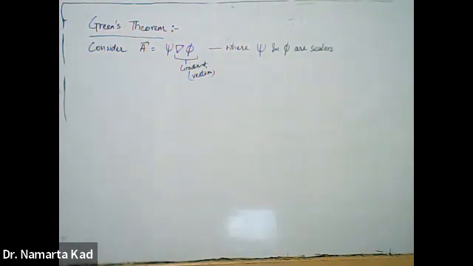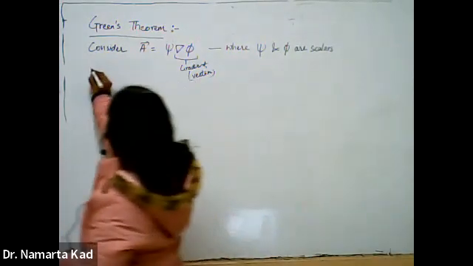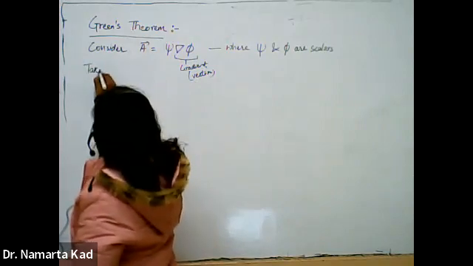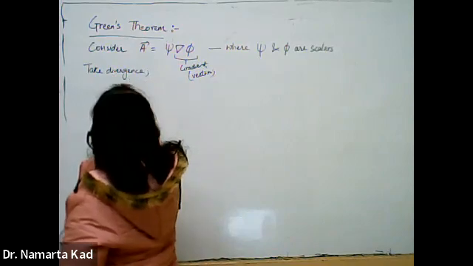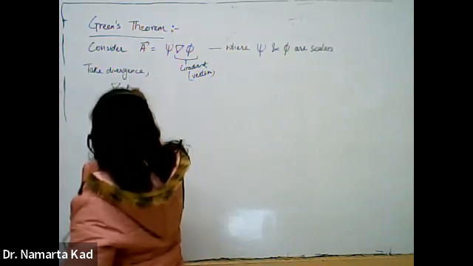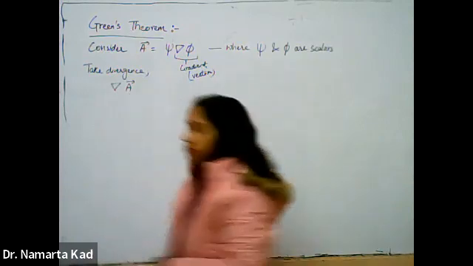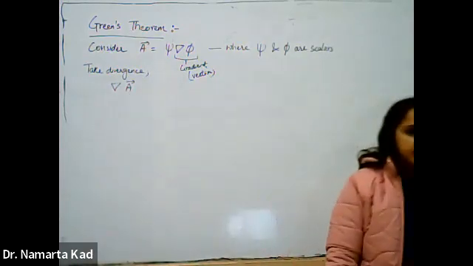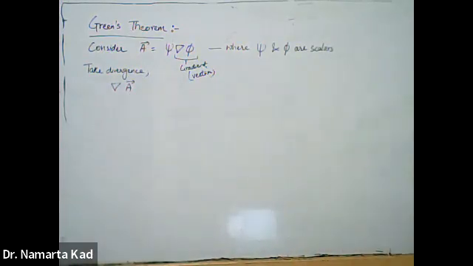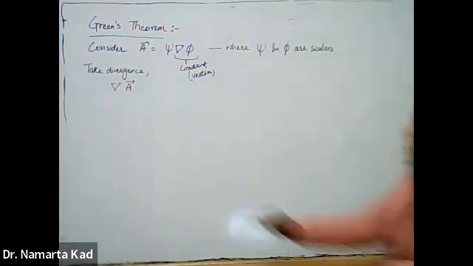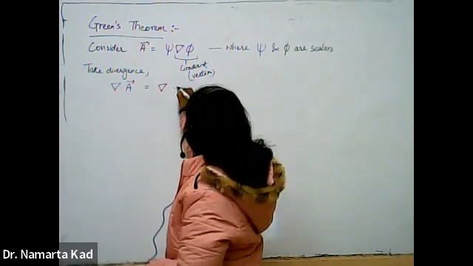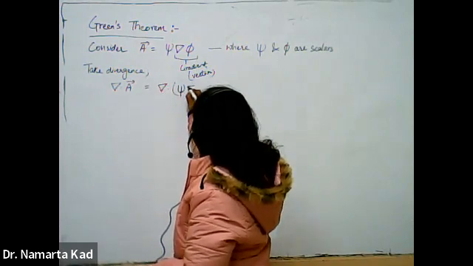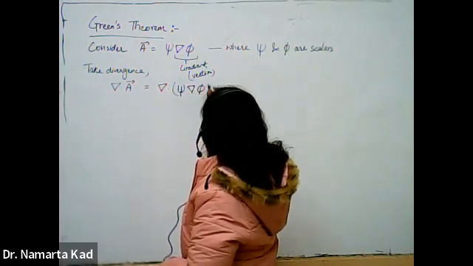Now take the divergence of this equation. That is del dot A vector on the left hand side. Del dot A vector is equal to del dot psi del phi.